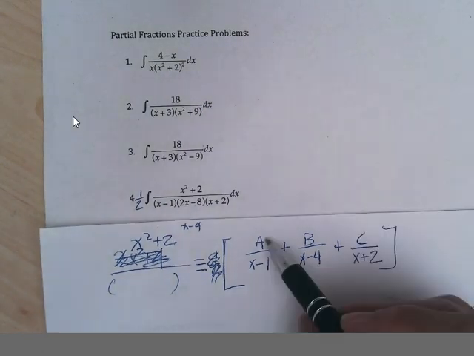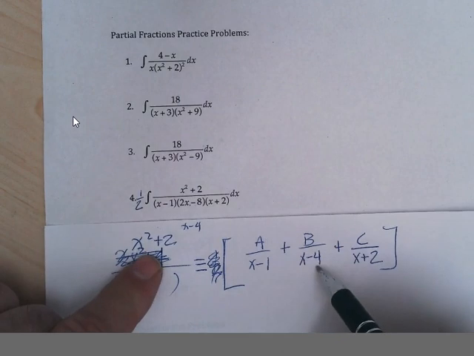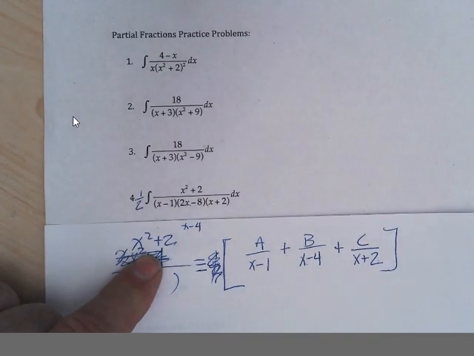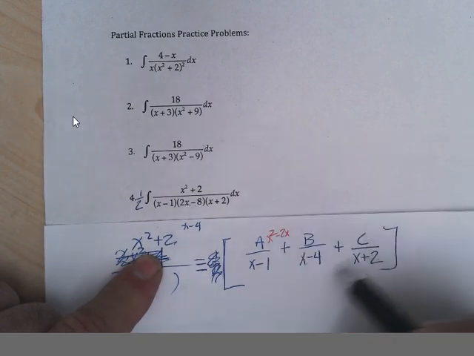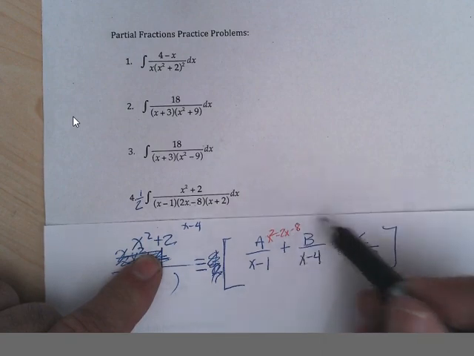So this one needs to have an x minus 4 and an x plus 2. Those multiplied would make x squared minus 2x minus 8.